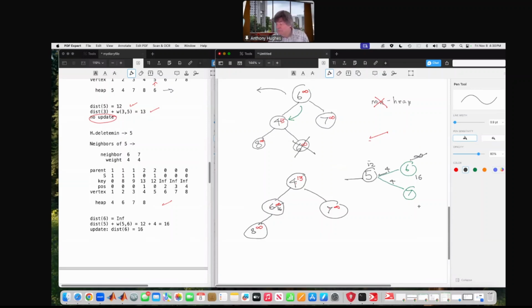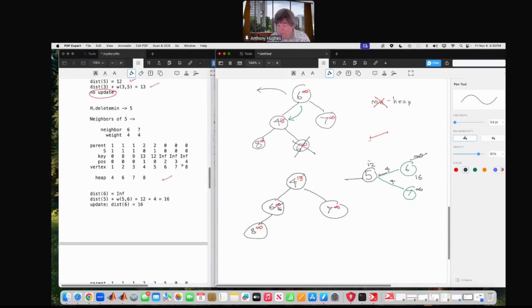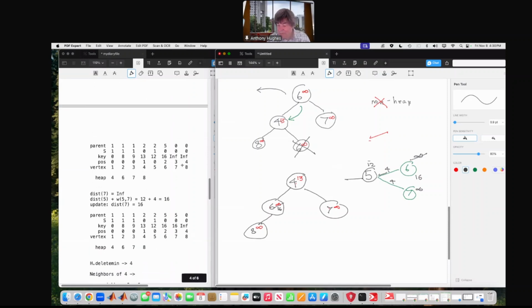Let's do 7. 7 again is infinity. 12 plus 4. Here it is. Distance to 7 is infinity. The distance to 5 plus the weight is 16.